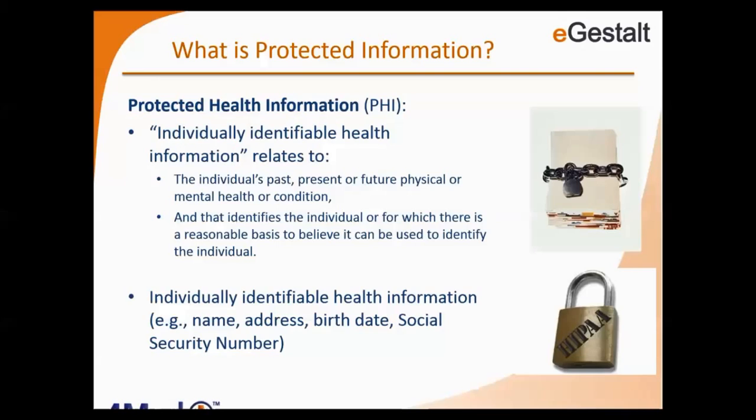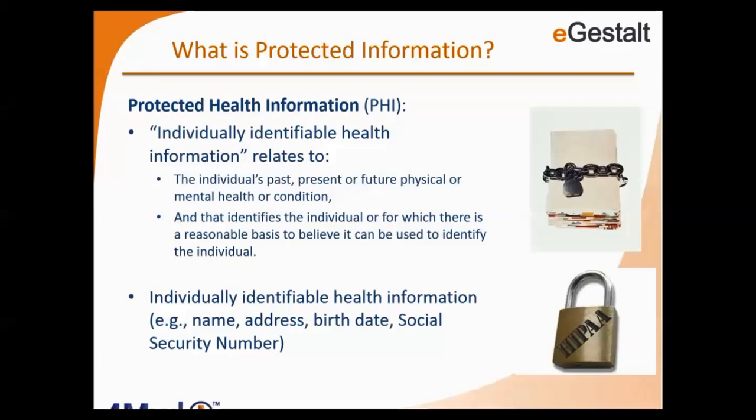So before we jump into the details of the HIPAA Omnibus and what it entails, the basic definition of PHI is critical, because really what HIPAA Omnibus is trying to do is protect PHI, and PHI is a critical asset that HIPAA is trying to protect.